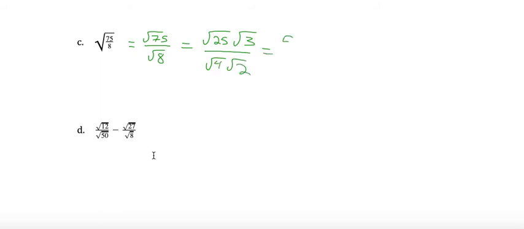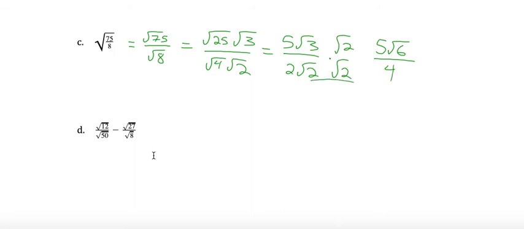So I might as well simplify right away. And I get 5 root 3 over 2 root 2. Everything's simplified, but again, I can't have that square root of 2 in the denominator. So I multiply by root 2 over root 2. And I get 5 root 6 over 4, because those two square roots of 2 turn into a 2, and then 2 times 2 is 4. I can simplify the 5 and the 4, and I can't simplify the 6 and the 4, not because they don't share a factor, but because one is under a root and one is not.